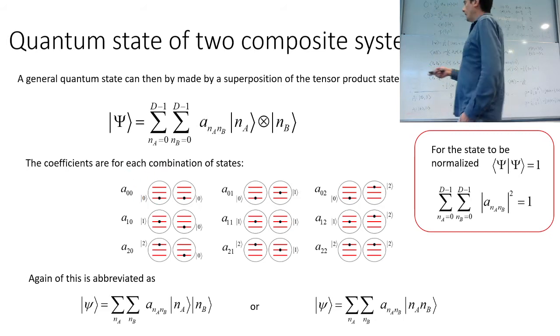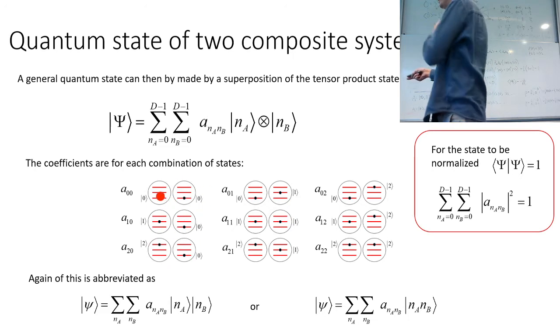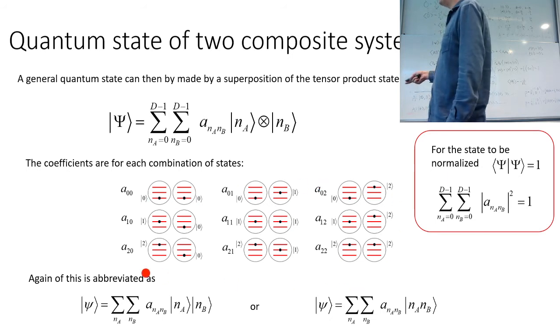And so with a 3-level system, if both Alice and Bob, the first one is Alice, the second one is Bob, have a 3-level system, then there are of course 9 different combinations, and the wave function can be in an arbitrary superposition of any of these 9 states.